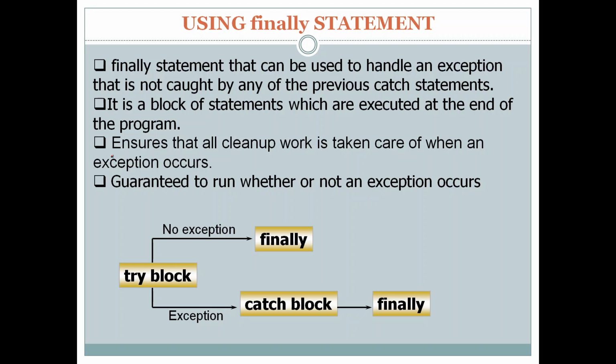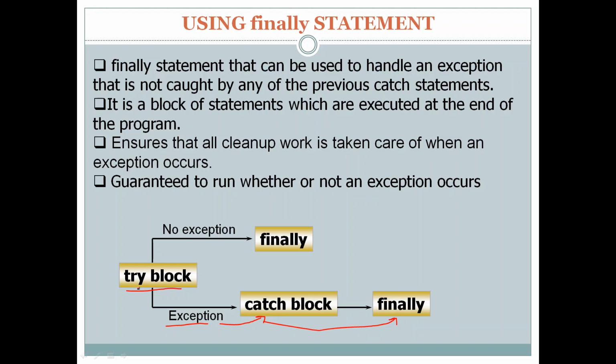Now, that is demonstrated in this diagram. You can see we have a try block which includes some set of statements. If the try block generates an exception, then it will go to the exception block, that is, the catch block is executed, and after executing the catch block, lastly it will execute the finally block.